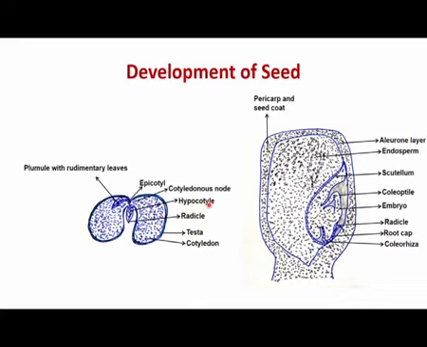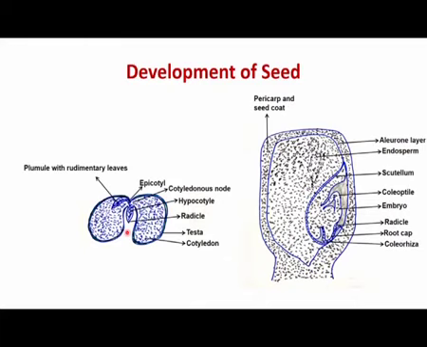The outer integuments become the hard and leathery testa or seed coat, which ensures the proper survival of the seed. The testa is the hard covering you see outside any seed, and it has to be broken by the growing embryo to come out as a plant.